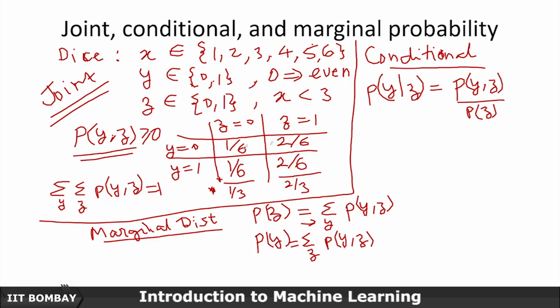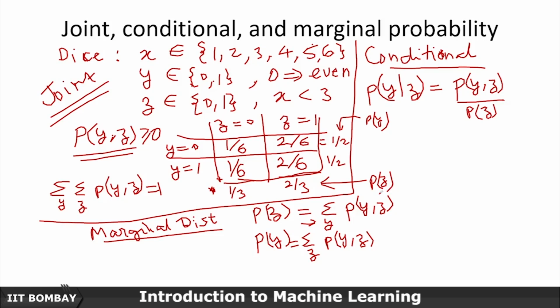And on the other hand, if we add up the row, we will get 1 by 2 and 1 by 2. So basically this particular column is P of y, this particular row is P of z. This is the marginal distribution.